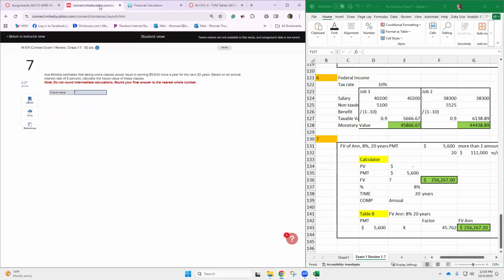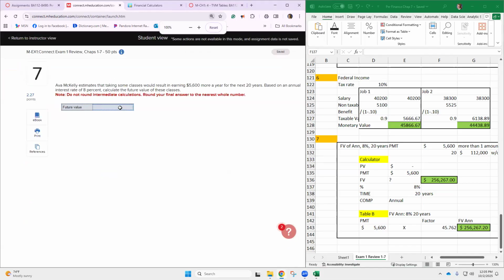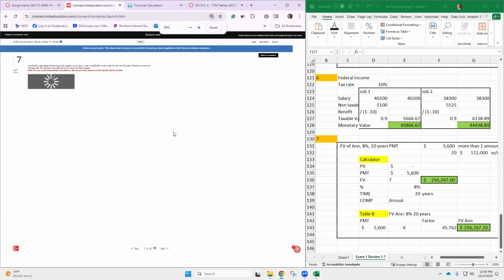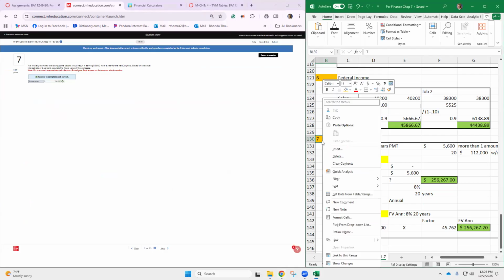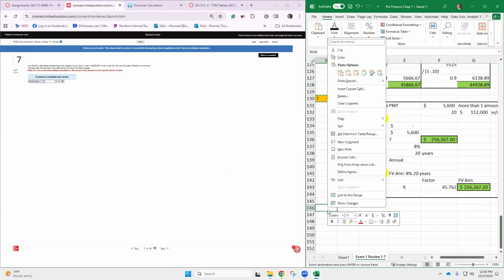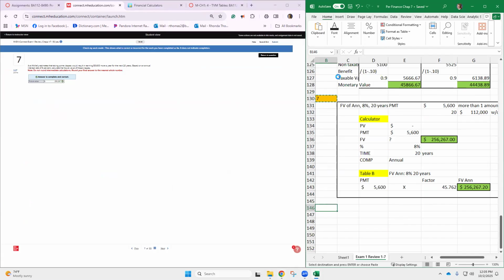Putting that in my answer. Checking my work. Looks like it's good. Okay, getting plenty of practice on the future value of annuity stuff, which is okay.